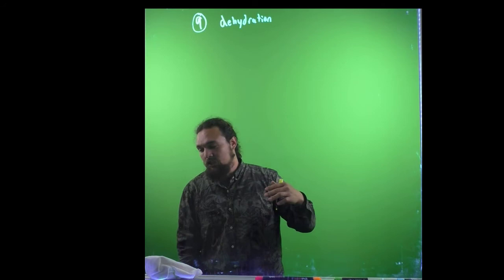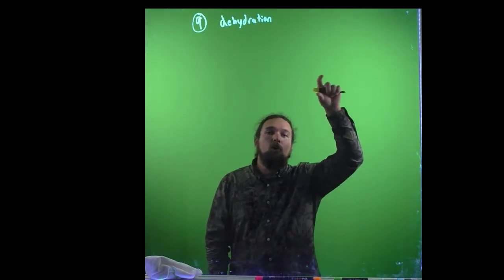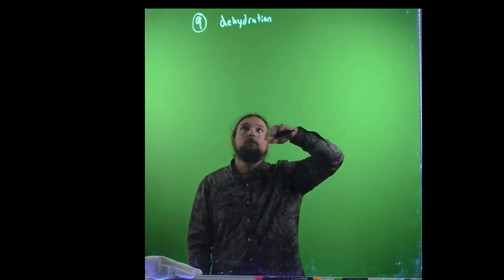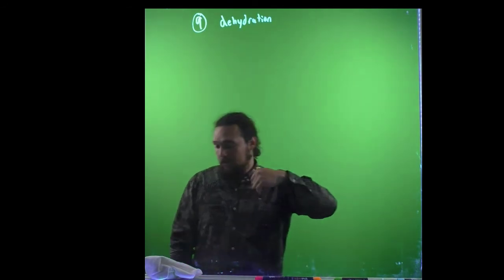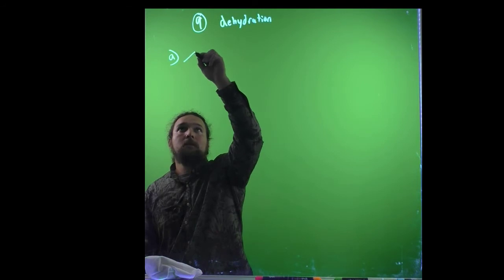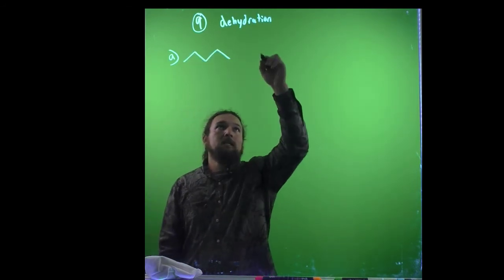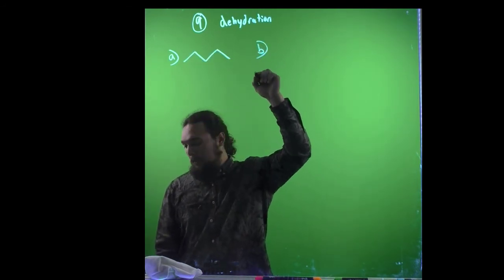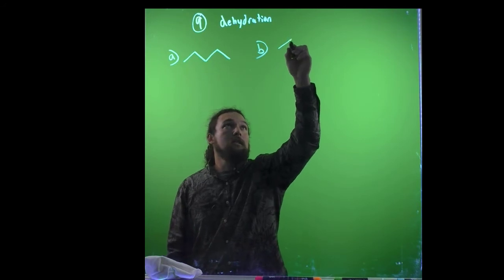In a dehydration, we take something that has an OH on one carbon and a hydrogen on the adjacent carbon, and we remove the OH and the H, so we remove water to give us a double bond, or an alkene. Okay? So the first problem is pentane. Part B is this.